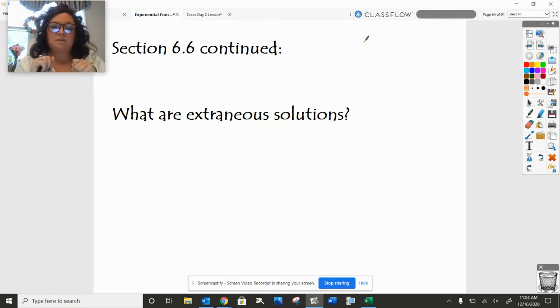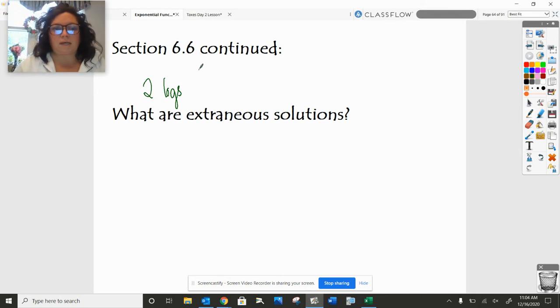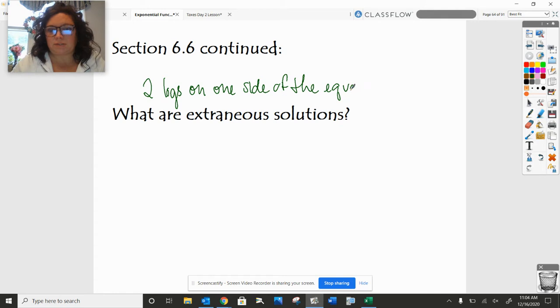And in this case, if there are 2 logs on one side, that usually means that we're going to get 2 solutions, okay? So if we get 2 solutions, we most certainly have to check for extraneous solutions, okay?